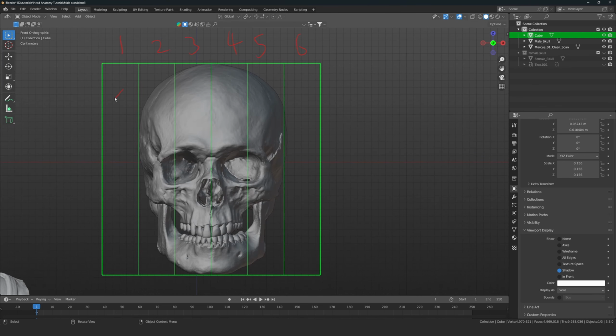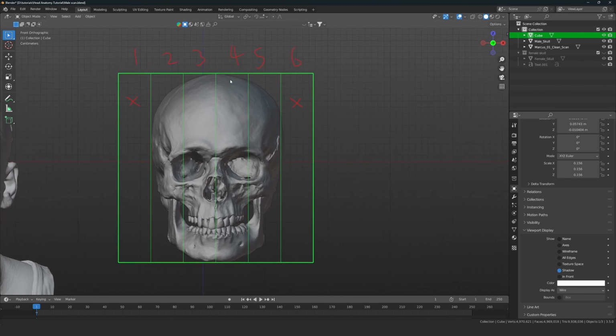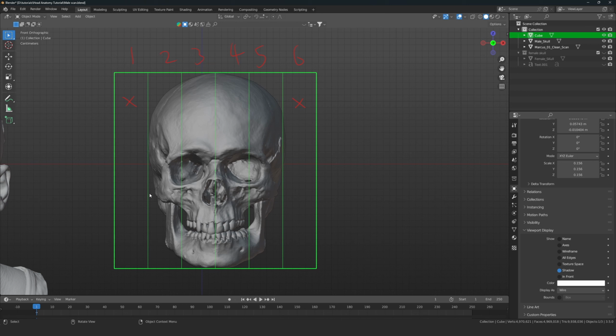Now just delete the first and the sixth. This is how wide the head is supposed to be. So if you have a cube that is as long as your head, just divide the cube into 6 parts and delete the first and the sixth areas, and you are going to get the width of the head.